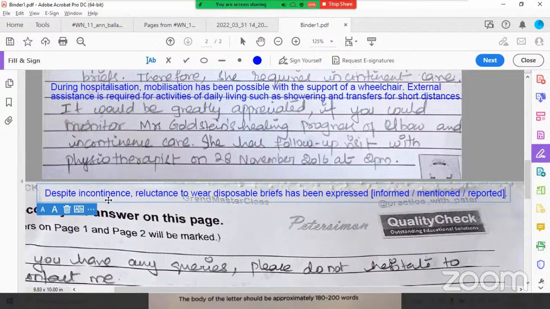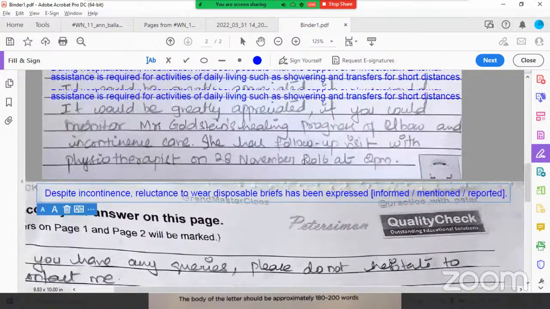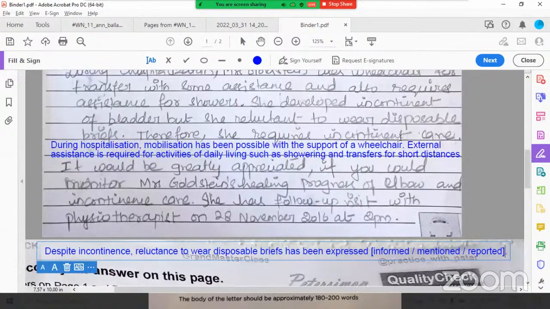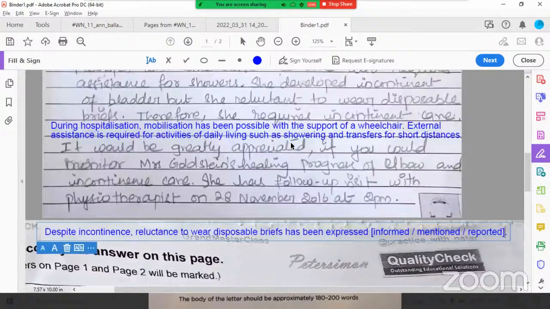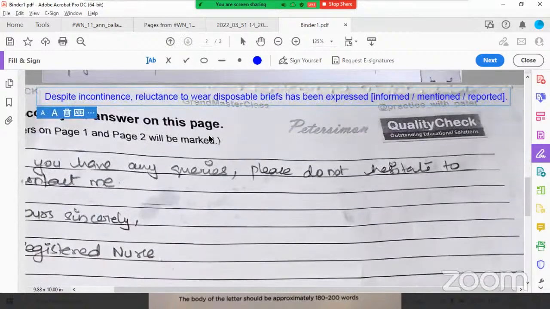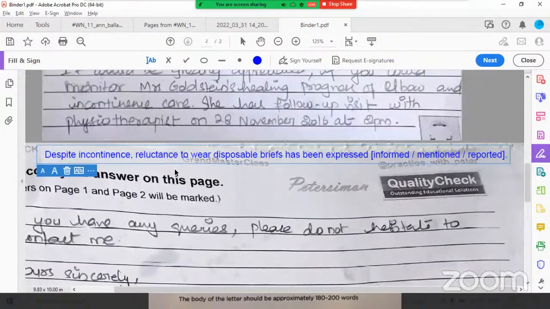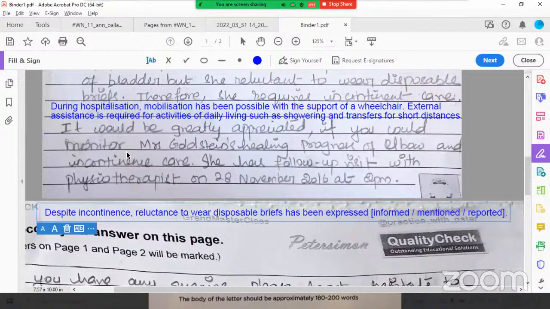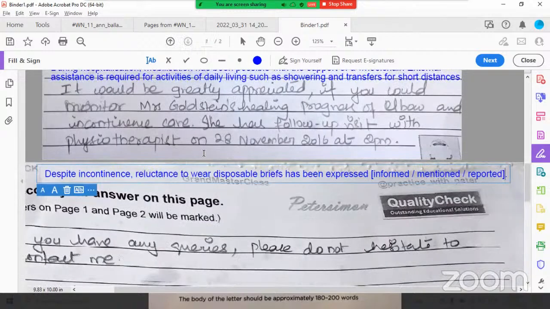So, right. She requires incontinence care. So that's enough. That's understood. Okay. It would be greatly appreciated if you could monitor. Now I don't write this sentence at all. Okay, change the style.